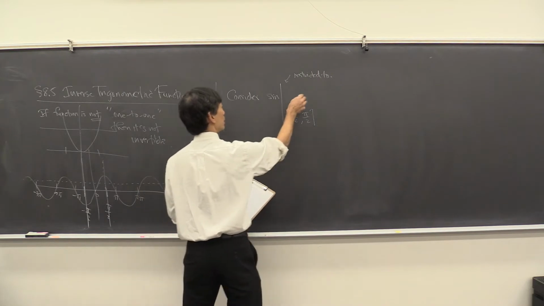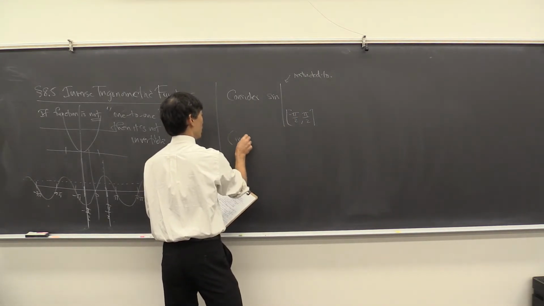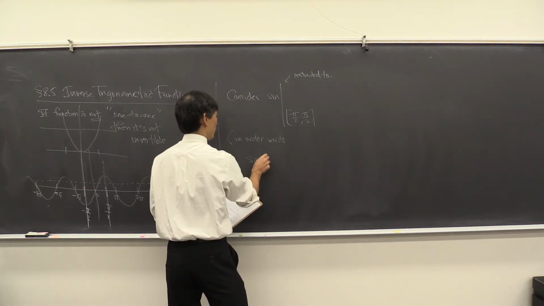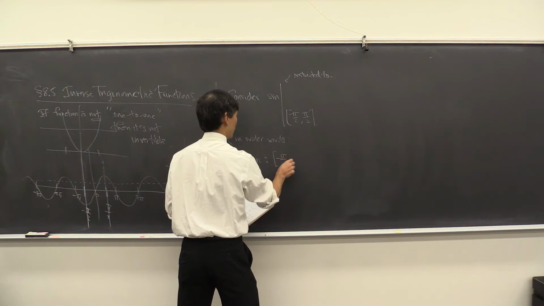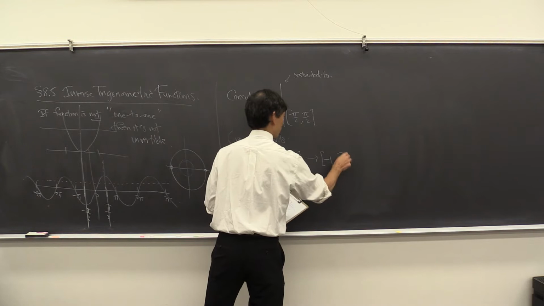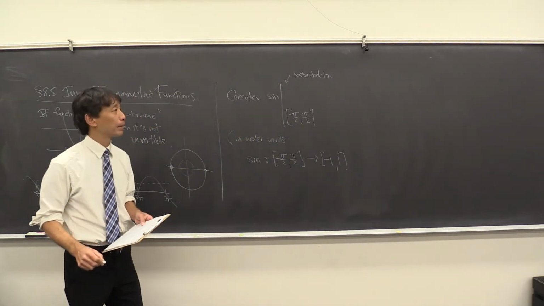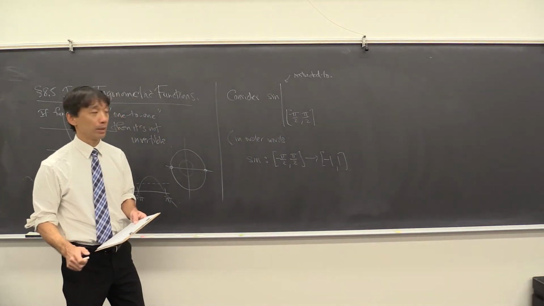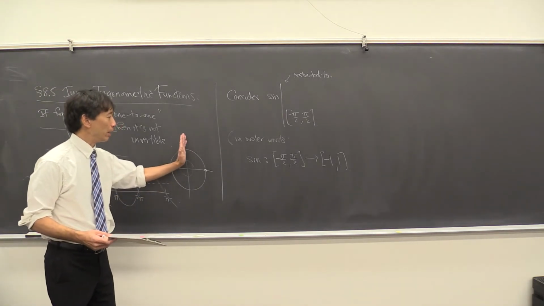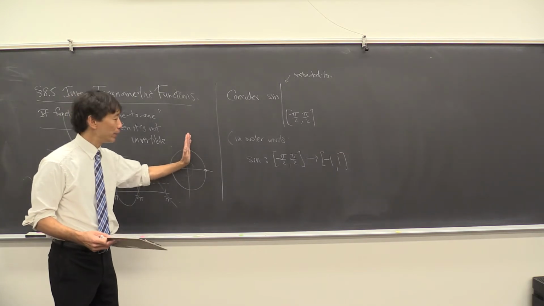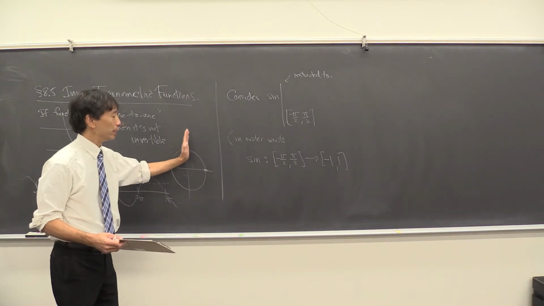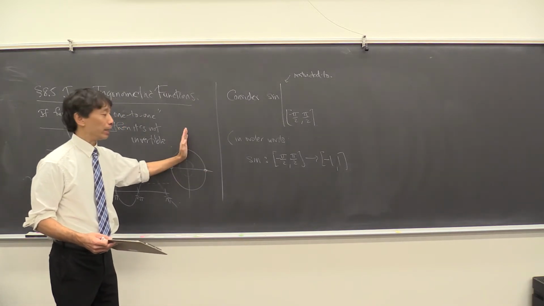In other words, the sine function going from negative pi over 2 to pi over 2 into negative 1, 1. Thinking about our original definition of it, we're saying we're only going to take angles that lie in the right side of the plane here.